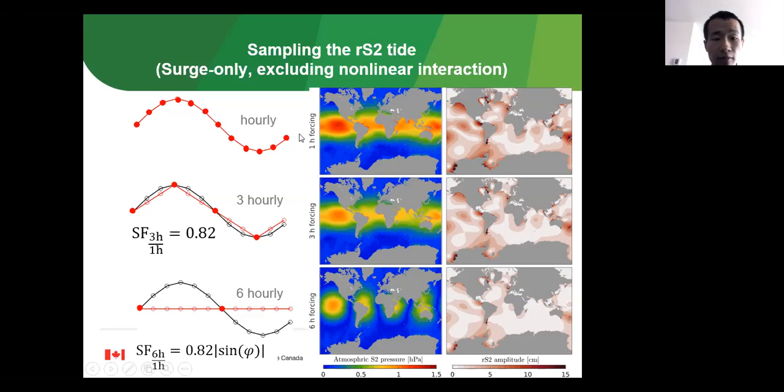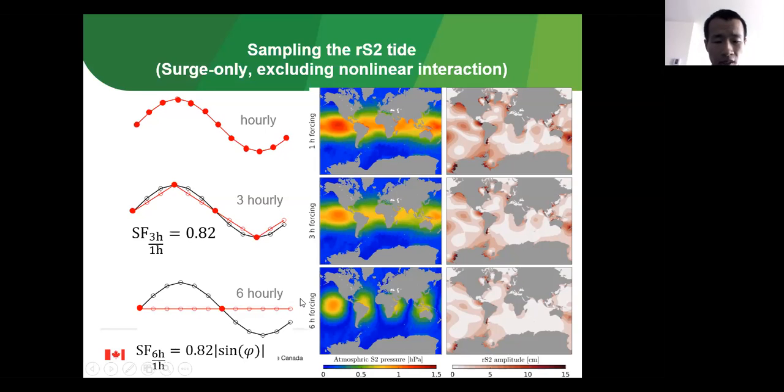mathematically verified. For example, if we consider a simple sine wave, subsample every 3 hours, and do linear interpolation at 1 hour intervals, we find that the strength of the subsampled signal is about 22% of the original signal. But from 3 hours to 6 hours, it's not that simple, and it depends on the phase where you pick up.